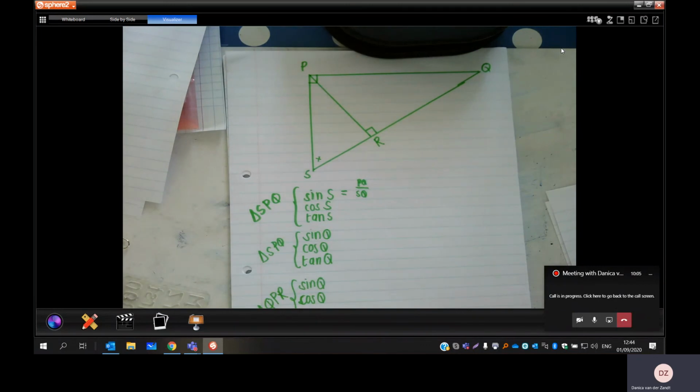For S, that's my adjacent and my hypotenuse, yes. For Q, this would be my adjacent and that would be my opposite in the big triangle. But remember, Q also exists in a small triangle. Technically, so does S, but I'm not asking for that.